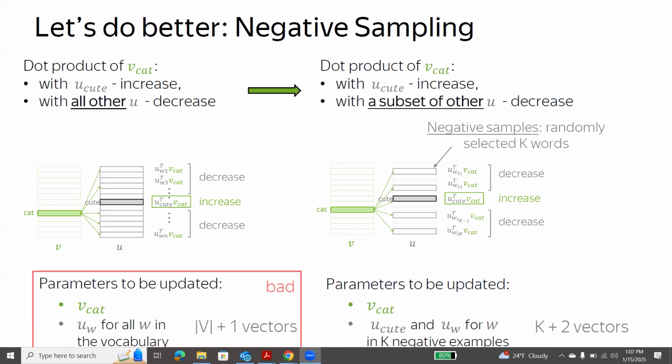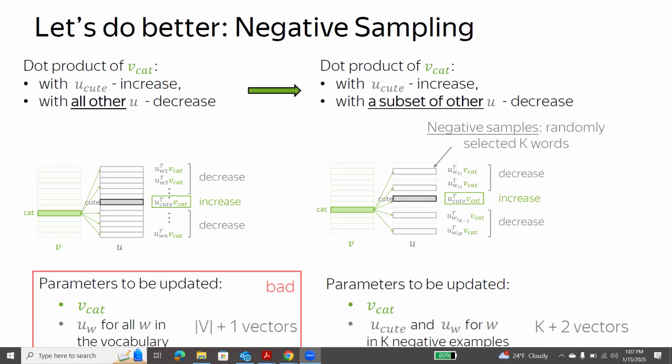So this is the idea of this negative sampling. We will increase the probability of the numerator, but we will decrease the probabilities only for a few words. And instead of going through the entire dictionary, we will go just through K words.